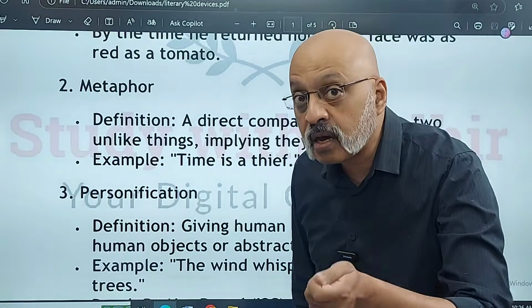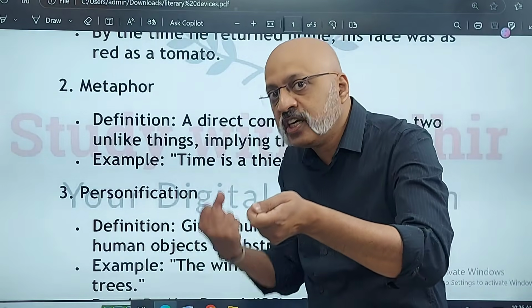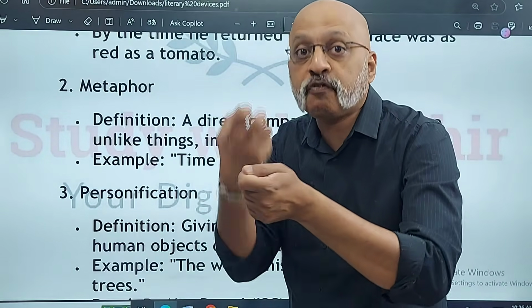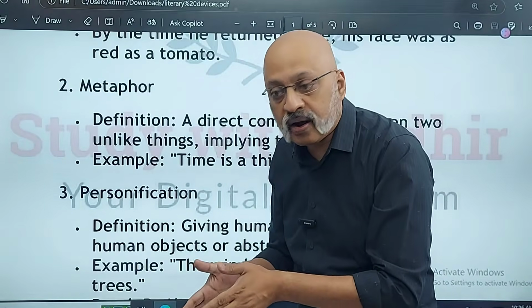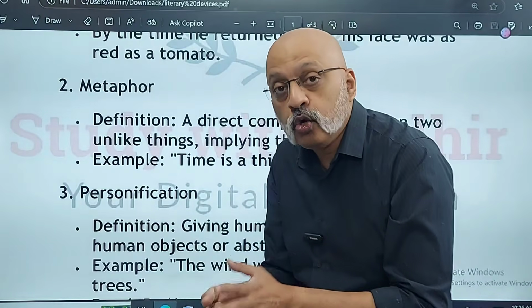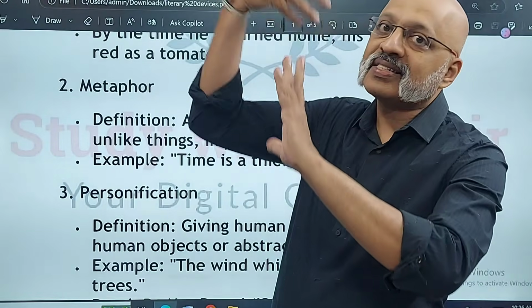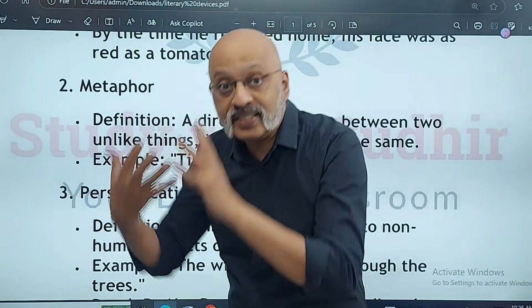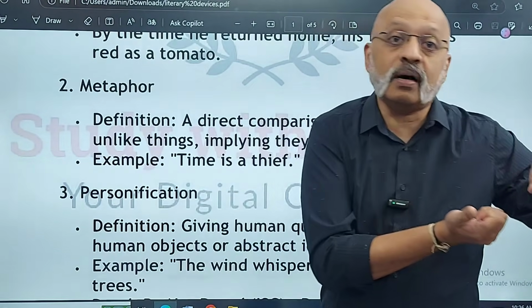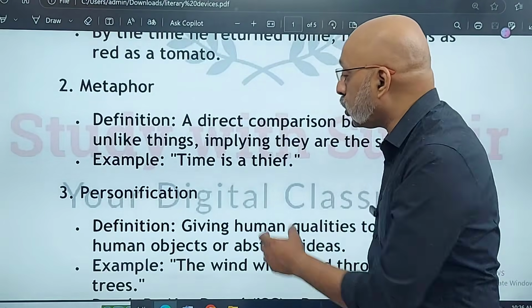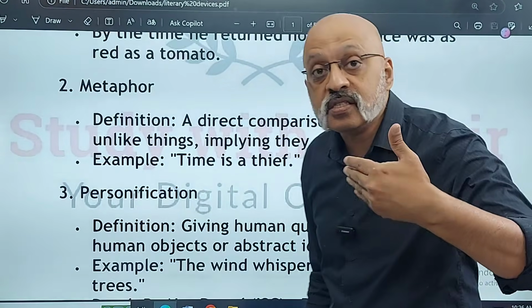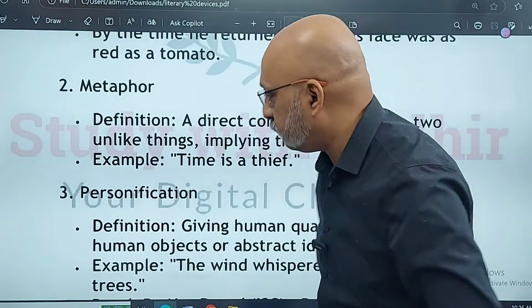Time is a thief, samay ek chor hai, because it keeps on taking away something from you. You think you have 1 hour left, but half an hour later you are left with only 30 minutes. So you are conveying it in a slightly abstract way that time is actually stealing something from you, and therefore you're calling it a thief. So this is the use of a metaphor.